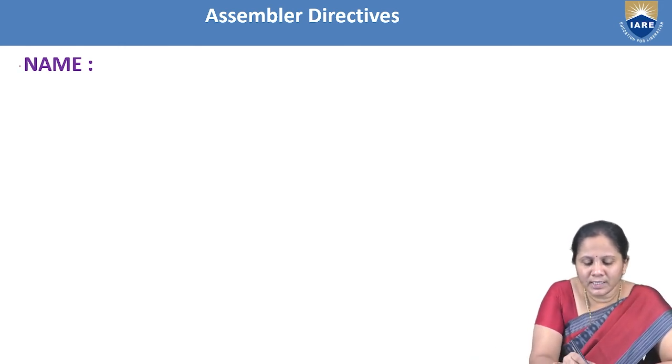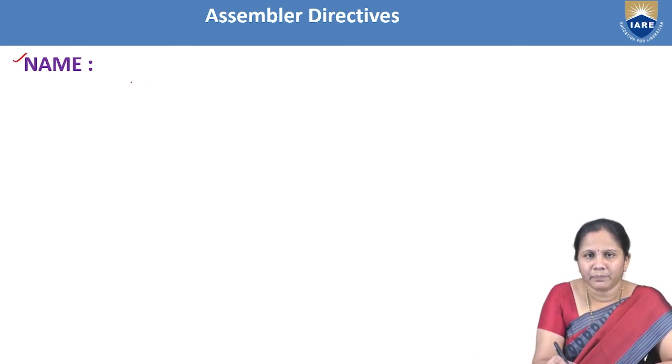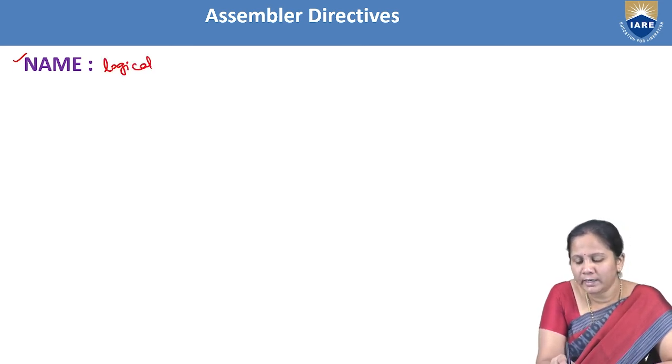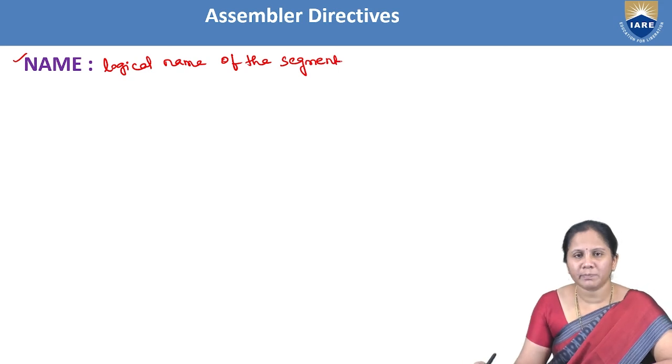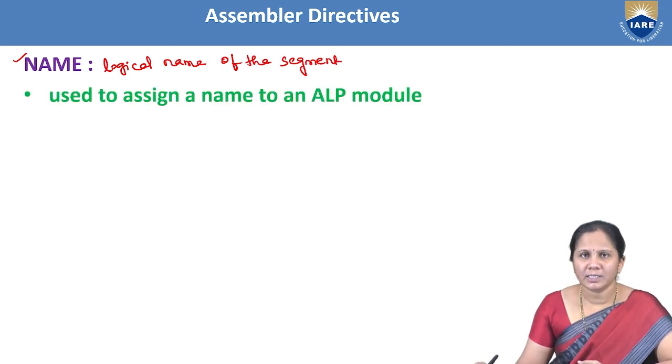And the next assembler directive is NAME. It represents the logical name of the segment. So this name represents the logical name of the segment.